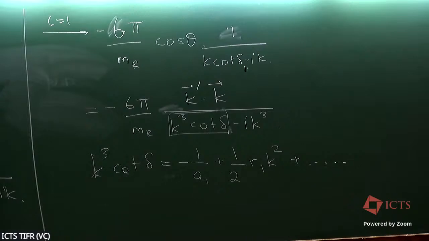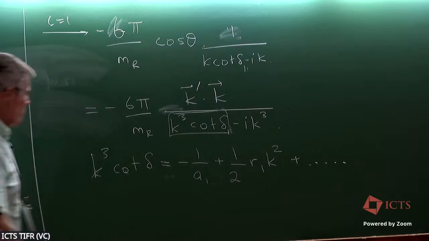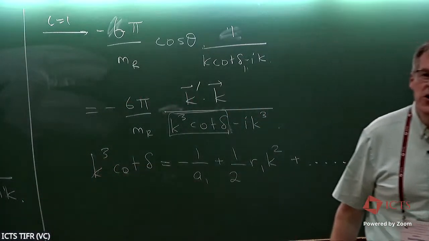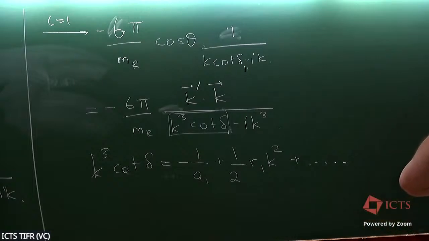So the language here gets a little bit tricky. Let's do the following exercise. What are the dimensions of this thing, k cubed cotangent delta? What's k?